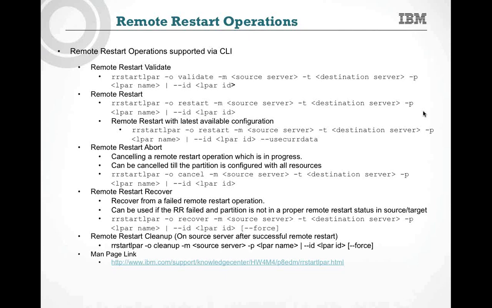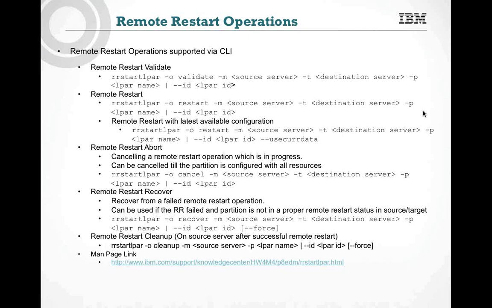So then if you had an outage, the second bullet is how you restart it. So you do -o restart, and you have to put all the values in there. And if you wanted to remote restart and your data somehow got out of sync with the data file, and what the HMC knows the partition has in it, you can actually use the use current data option.